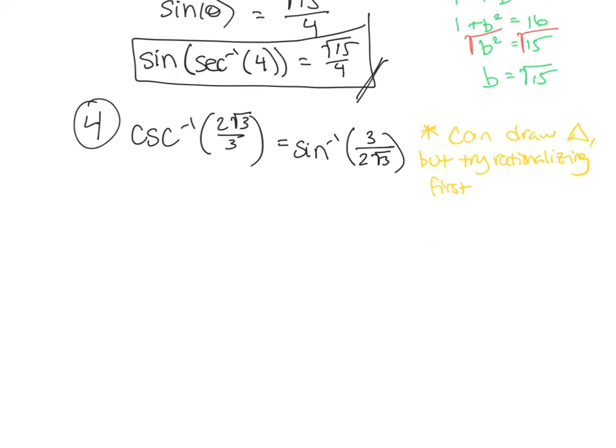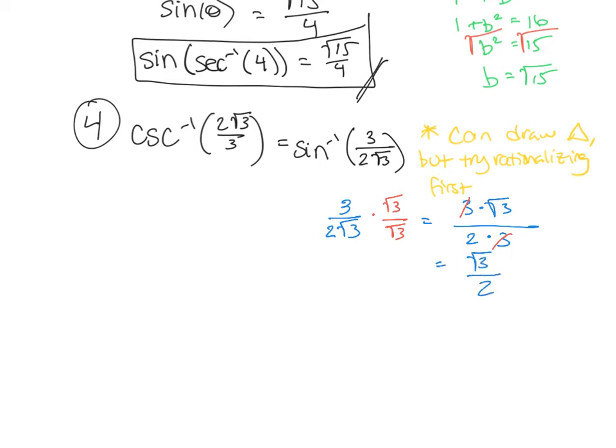So let's see, if we take 3 over 2 times square root of 3, we multiply top and bottom by the square root of 3. We are going to get 3 times the square root of 3 over 2 times 3. And it's like, hey, those 3's cancel out. And I'm just left with the square root of 3 over 2.